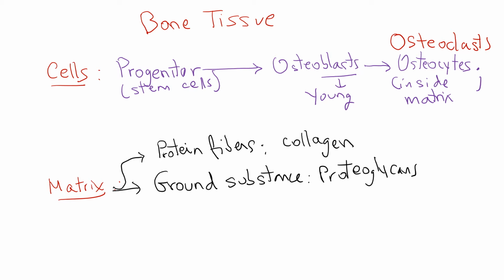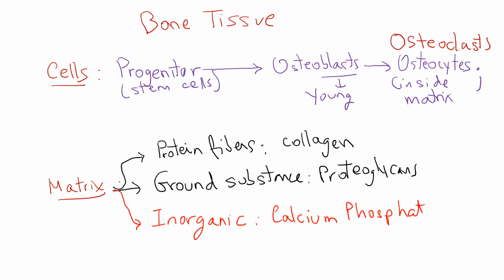Bone tissue, however, has a third component, which is inorganic, and it's made of calcium phosphate crystals, also called hydroxyapatite crystals.